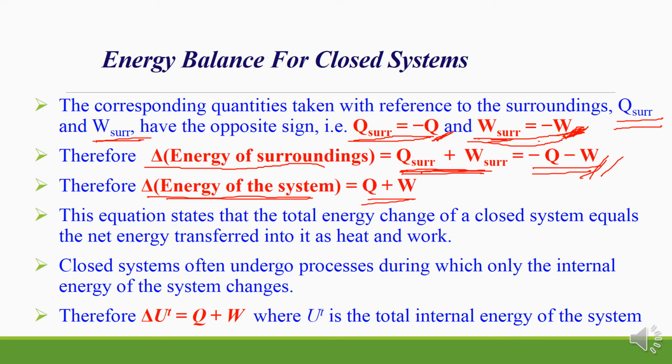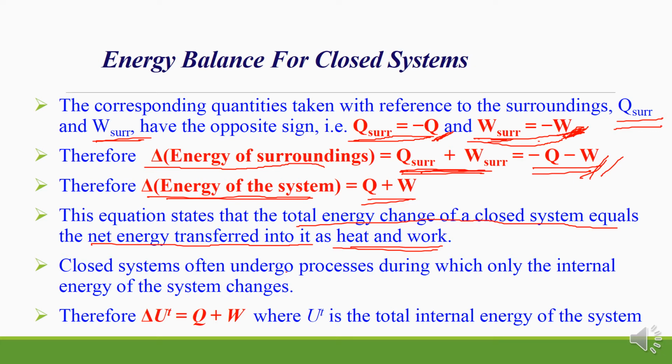So this equation states that the total energy change of a closed system equals the net energy transfer into it as heat and work. So the total energy change for the system is the amount of work added to the system or done by the system, or heat added to the system or lost from the system. That is very important.